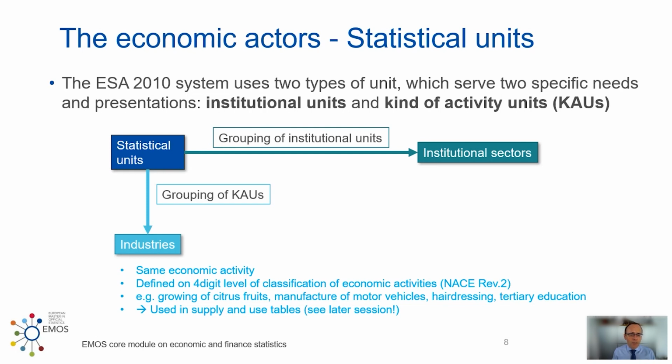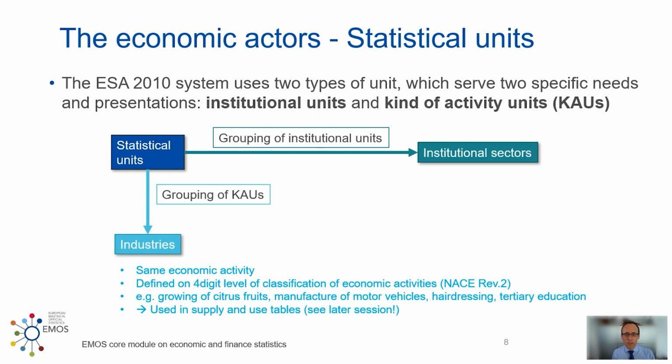I put down here some examples so that you know more or less what we speak about and at which level these industries are defined. Examples are the growing of citrus fruits or manufacture of motor vehicles, hairdressing and beauty services, and also tertiary education. So universities serve education services.